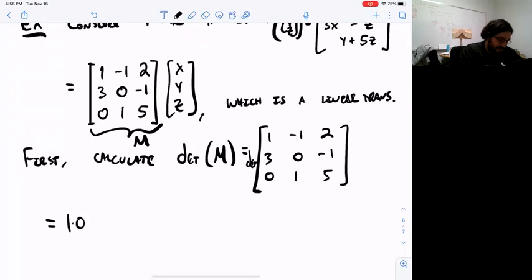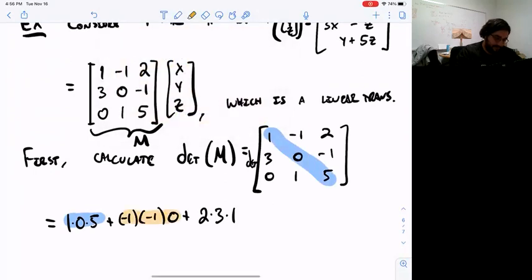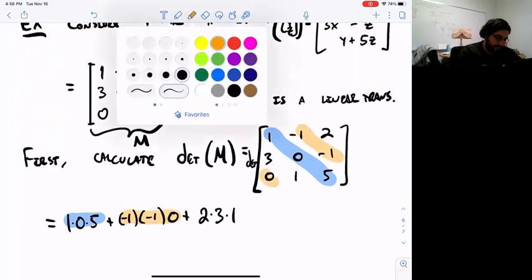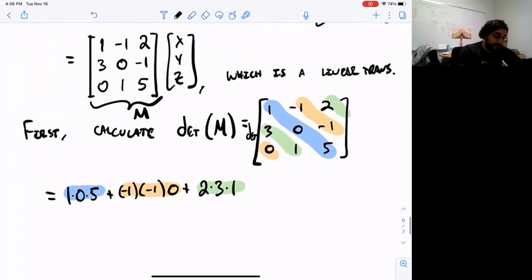So we can do 1, 0, 5, plus minus 1, minus 1, 0, plus 2, 3, 1, where those are these three diagonals. And then I subtract the anti-diagonals, the ones with opposite slope. So what do I have opposite?